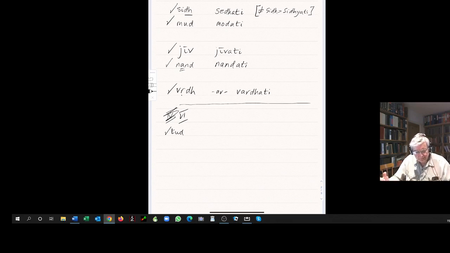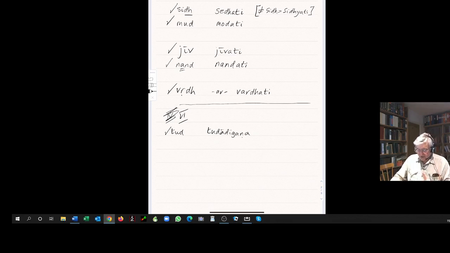And within this classification system, this is the root that's actually used by Panini, and so this was the tudadigana, the tud adi gana.